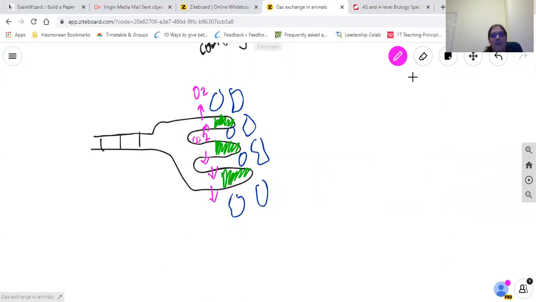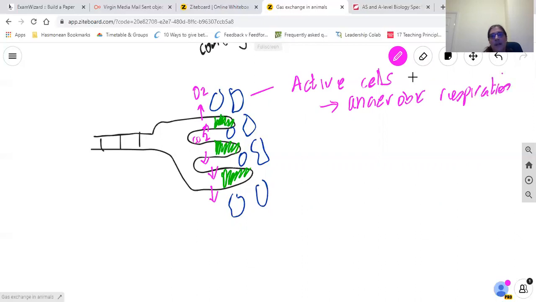However, when the cell is really, really active, so when we have active cells, for example, an insect that's flying, you're going to get anaerobic respiration taking place. That's going to lead to the production of lactic acid, or lactate, it's the same thing.